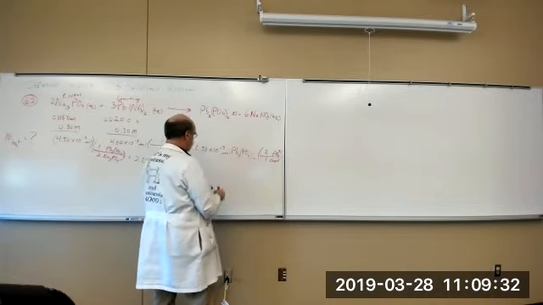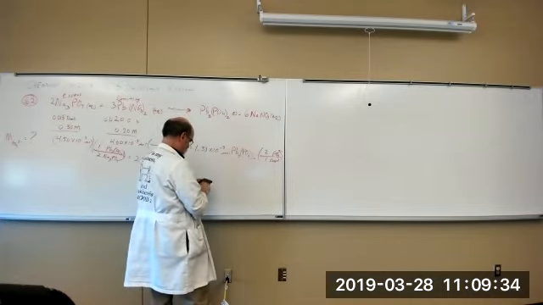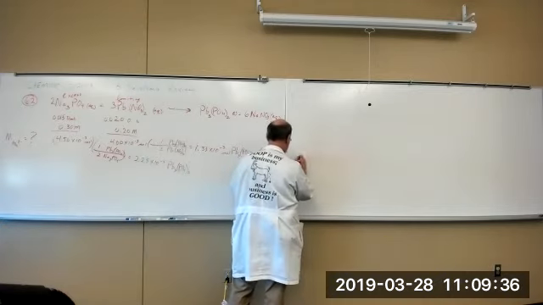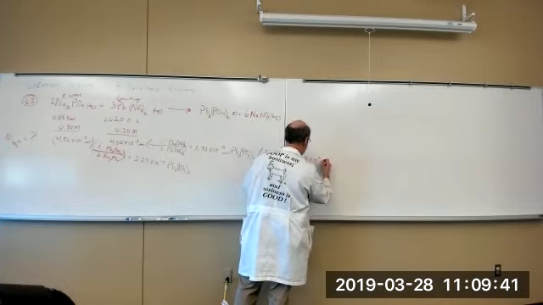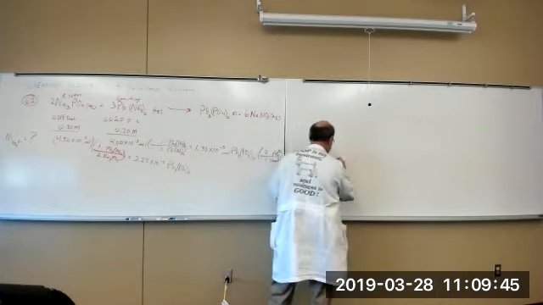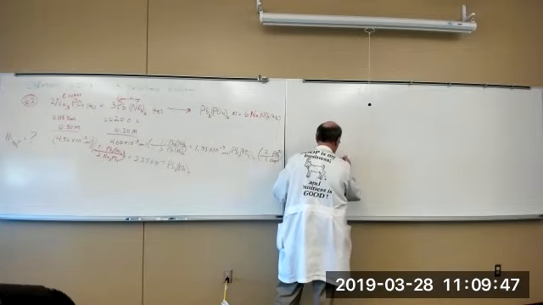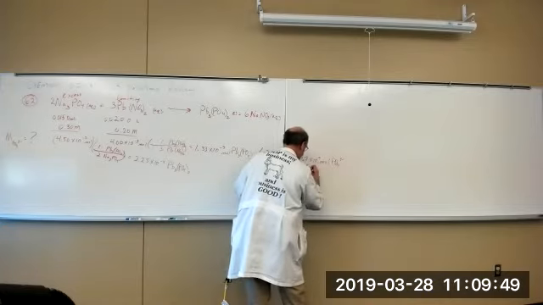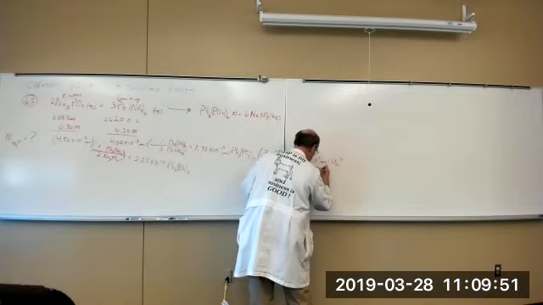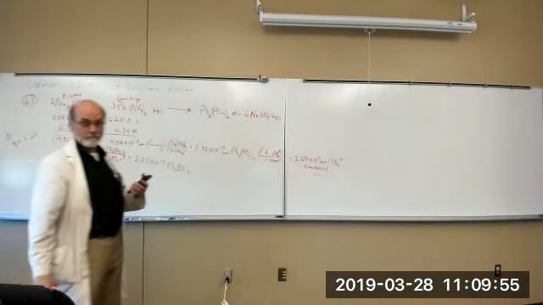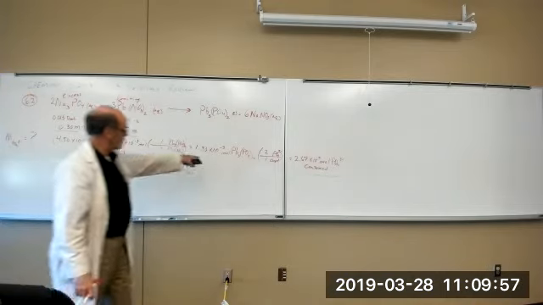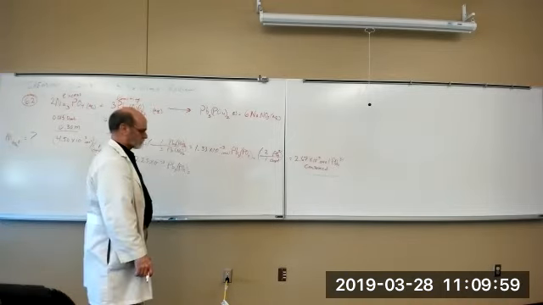So now we can convert that to 2.67 times 10 to the minus 3 moles phosphate consumed. All right? That's how much we used to make this right here.